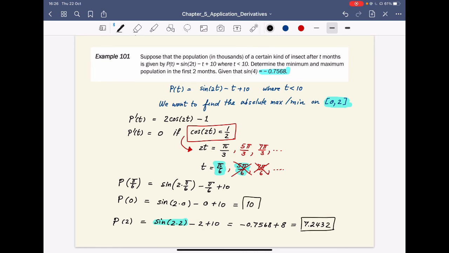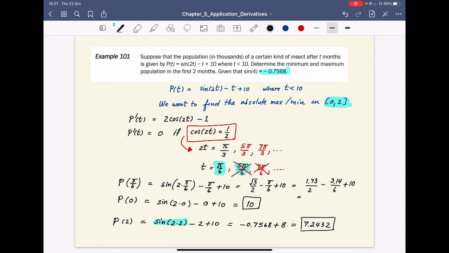Right? The last one, p of pi over 6, this is sine pi over 3. Sine pi over 3 is square root 3 over 2, and then minus pi over 6, and then plus 10. So square root 3 is approximately 1.73, over 2, minus pi over 6, which is about 3.14 over 6, and then plus 10.